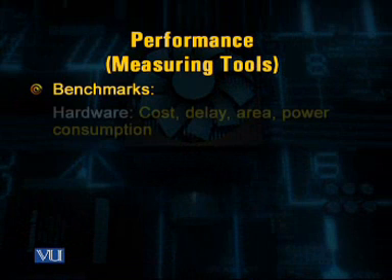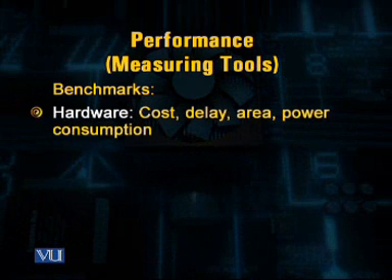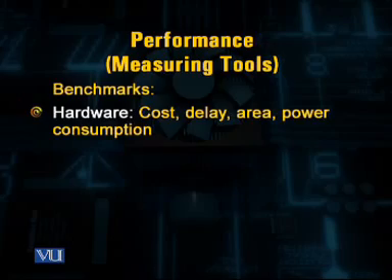Then some hardware tools may also be used for this purpose, which may be used to estimate the delay, what is the total area which is required to integrate a chip onto the silicon, and so on. And what is the power consumption? Power consumption is a very important thing, and it is a hardware-related thing. So in order to enhance the performance, we are always interested in reducing the power consumption.